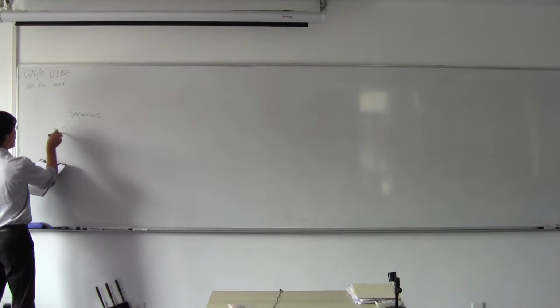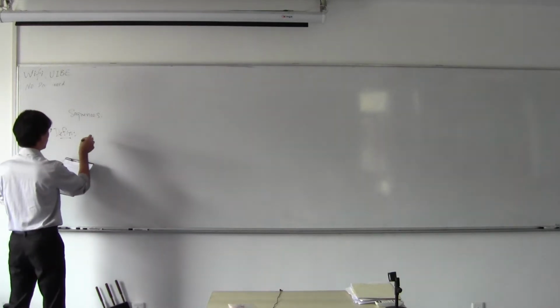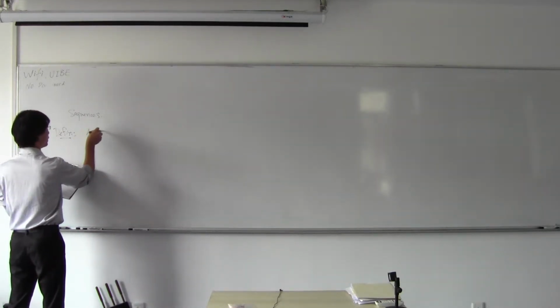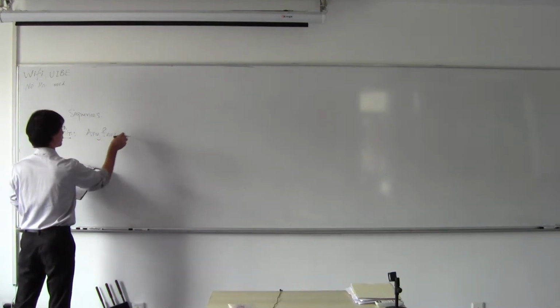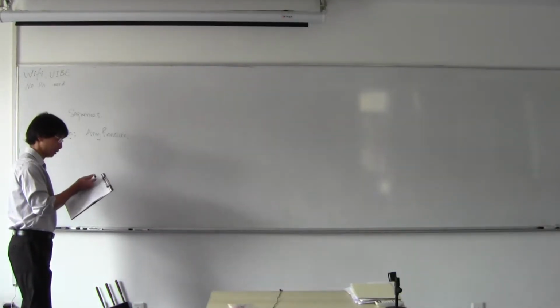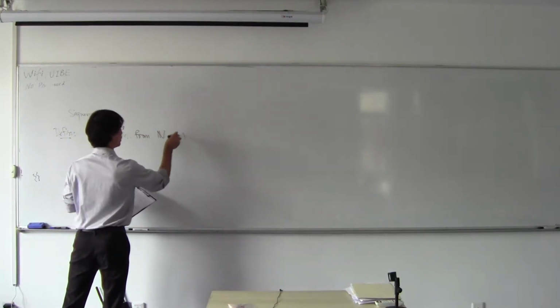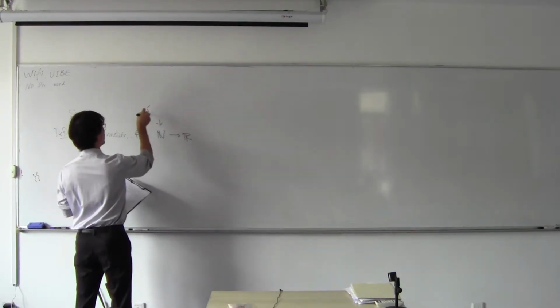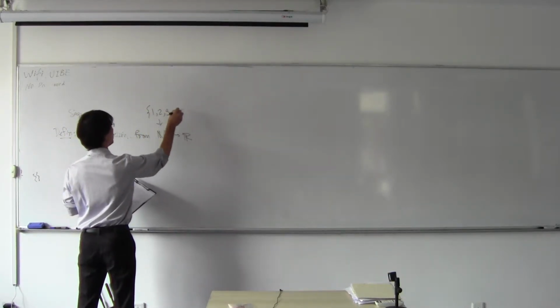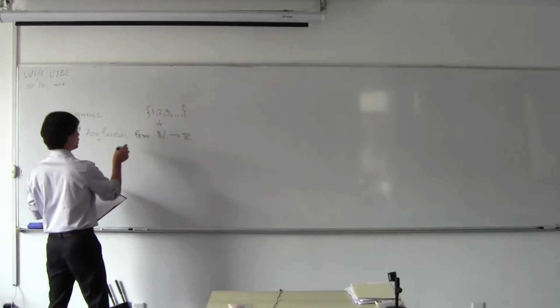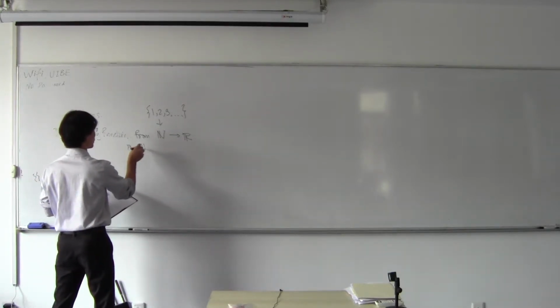But the way we define it mathematically is like this: any function from the natural numbers, let's just say 1, 2, 3, etc., to the real numbers is called a sequence.